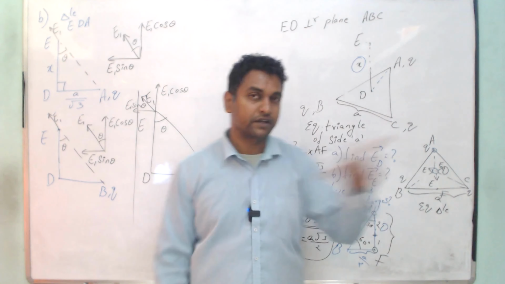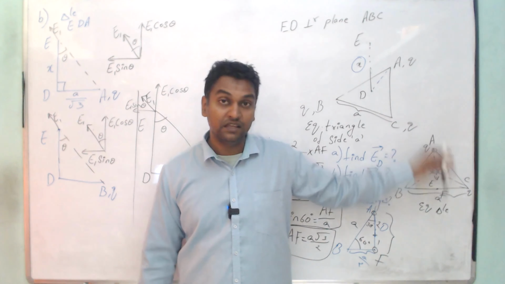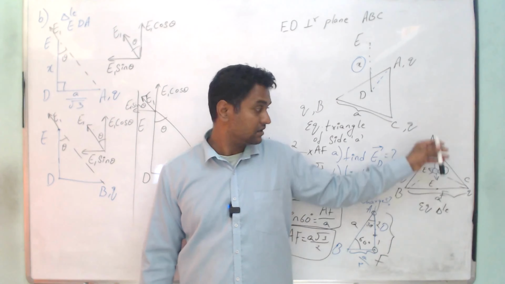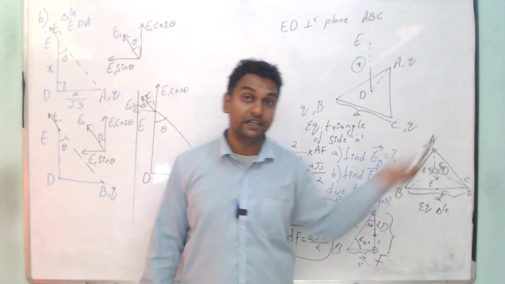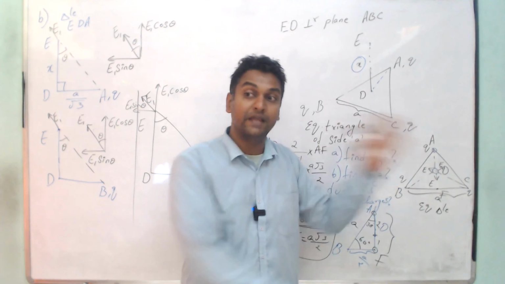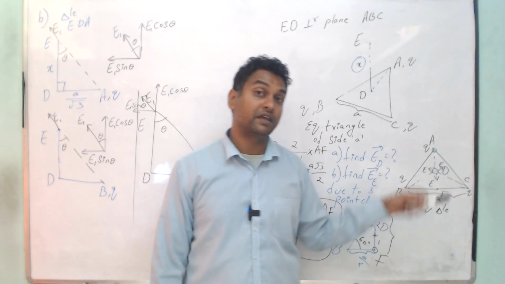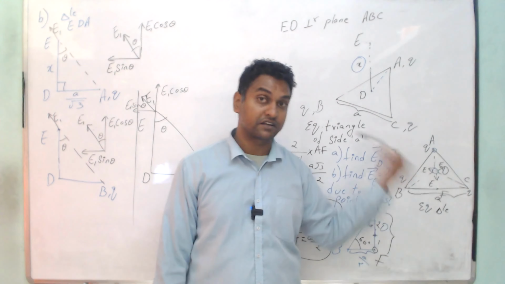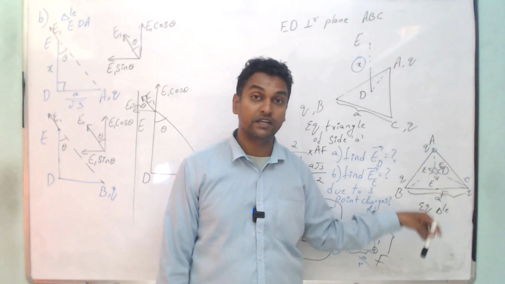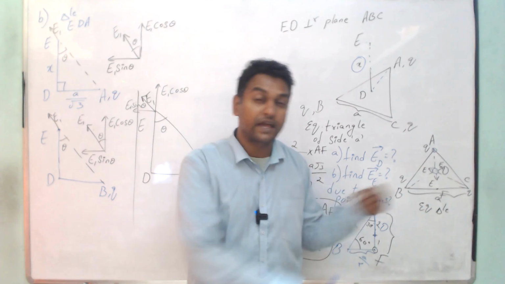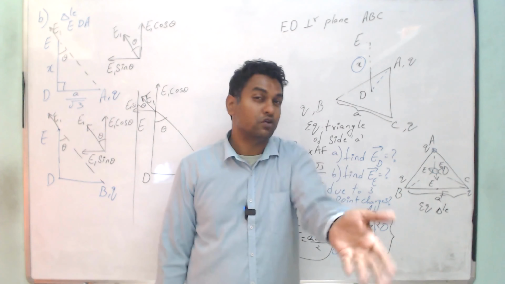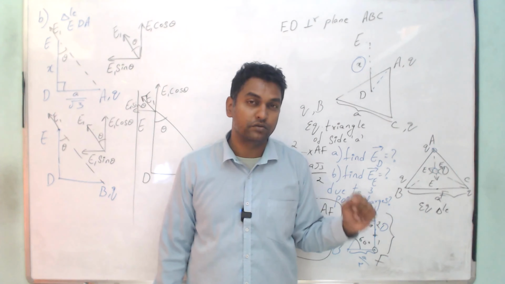If you look at it clearly, E1 sin theta, E1 sin theta and E1 sin theta, they are in the plane parallel to the triangle. Yeah. And they are making again equilateral triangle vectors, each 120 degree with each other. वो सारे cancel हो जाएंगे. In square also all of them got cancelled. Do you remember that?